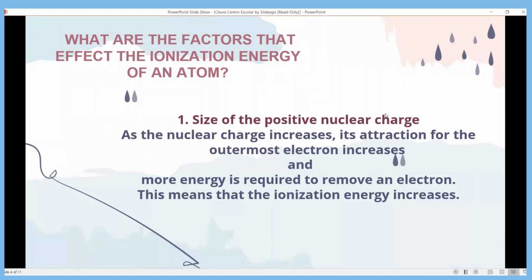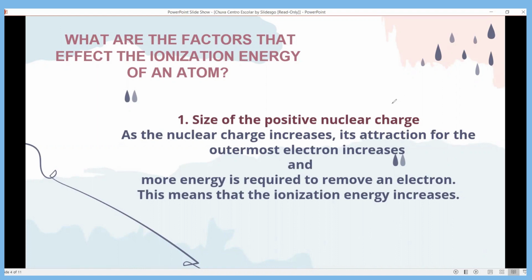What are the factors that affect the ionization energy of an atom? The first factor is the size of the positive nuclear charge. By mass, the proton has 1 AMU, whereas the electron's mass is about 1,800 times lesser than the mass of a proton.